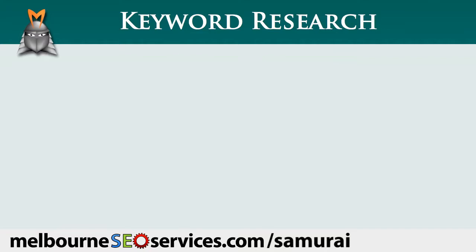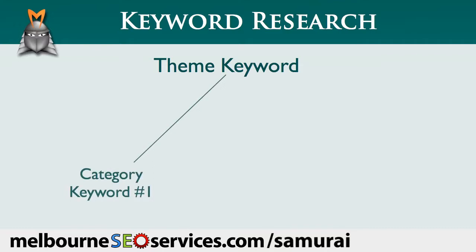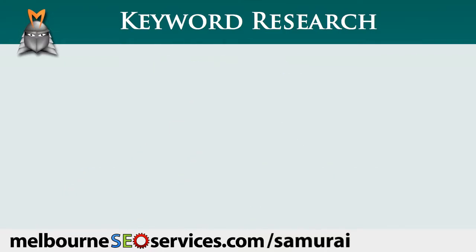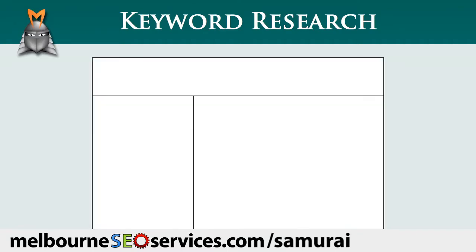An effective way to construct a website using these gold nugget keywords is to select one of them as your main theme keyword, which becomes the primary focus of your website, and then use the other keywords as category keywords. For example, imagine that I decided to move ahead and create a dog training related website.